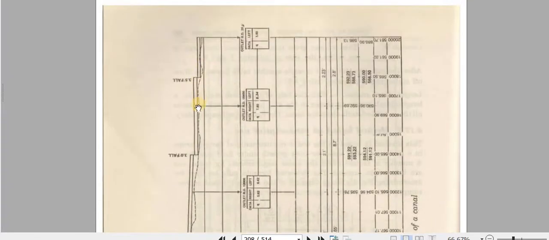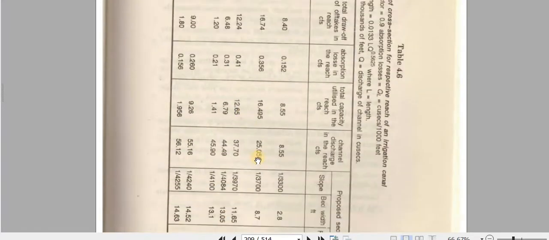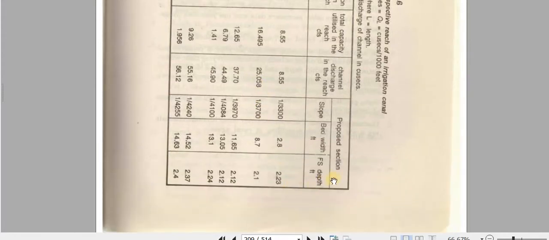At this point we should have 8 point something. At this point we should have 25 point something, like this one. Now you have to design. Now it is important step, last 3 column.